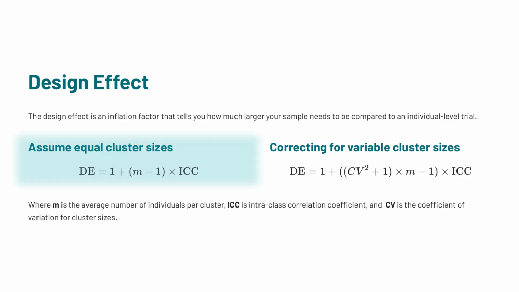When cluster sizes are roughly equal, the formula is 1 plus the average cluster size minus 1, multiplied by the ICC. But if cluster sizes vary a lot, we correct for that variability using the coefficient of variation, or CV, in the formula. In both cases, M represents the average number of individuals per cluster. The higher the ICC, or the more variable the cluster sizes, the greater the design effect, and the larger your required sample will be.